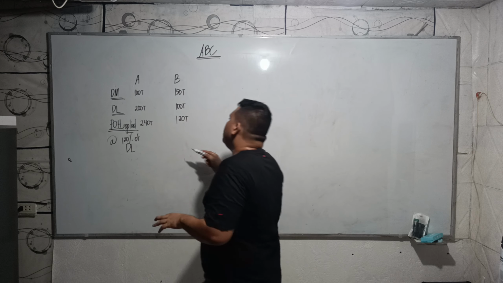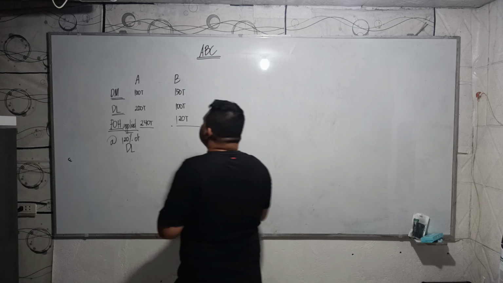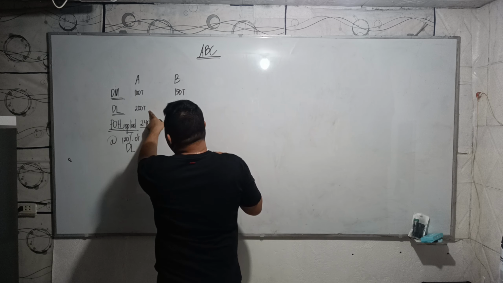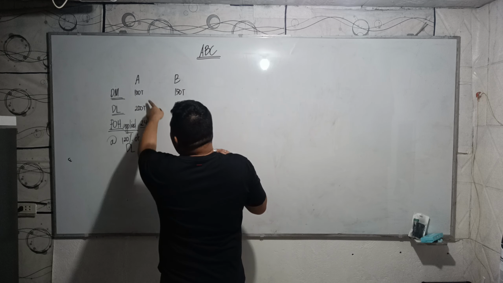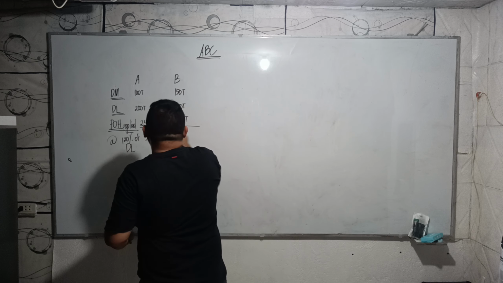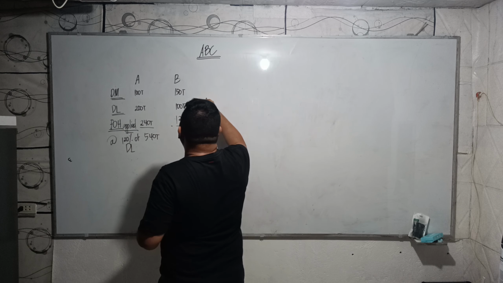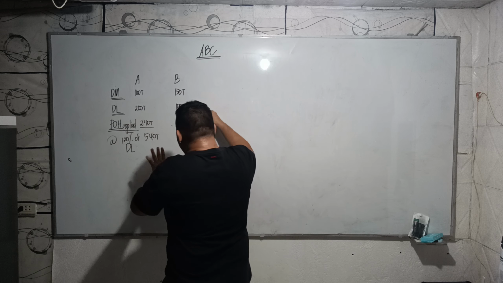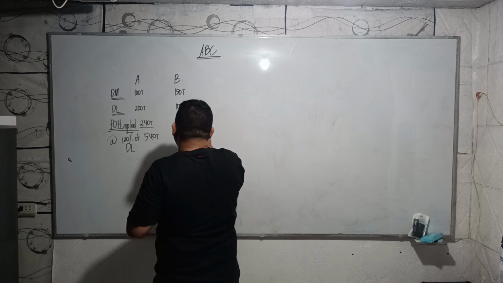So overall, the cost of your product A is 100 plus 200 plus 240, that is 540,000. And the other one is 150 plus 100 plus 120, which is 370,000.